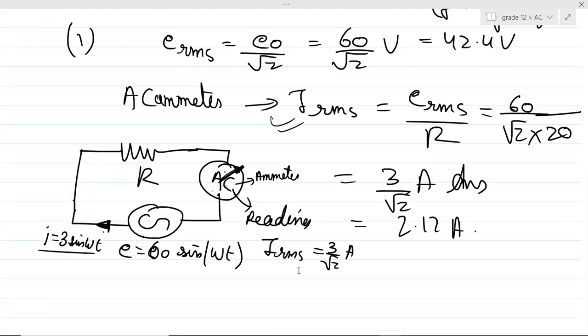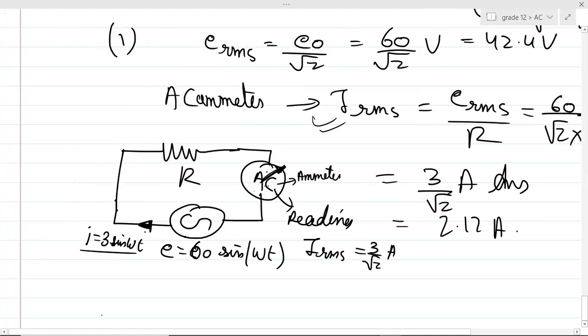Next. So do we have any device which can measure I naught? No, I don't think so. Suppose I connect a DC ammeter over here, then this DC ammeter will keep on doing what?